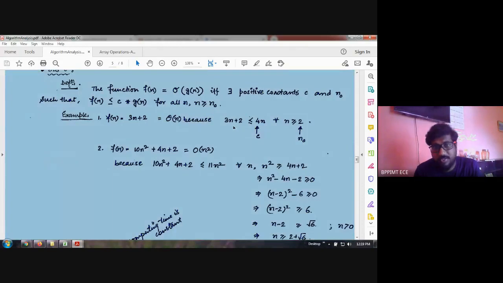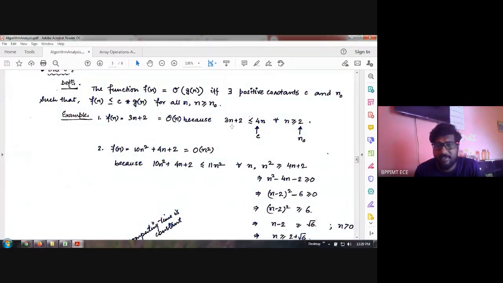Yes. How? See, one technique is, Fn is given as 3n plus 2. So can we say that 3n plus 2 is less than or equal to 4n? Forcefully we are trying to say that 3n plus 2 is less than or equal to 4n.